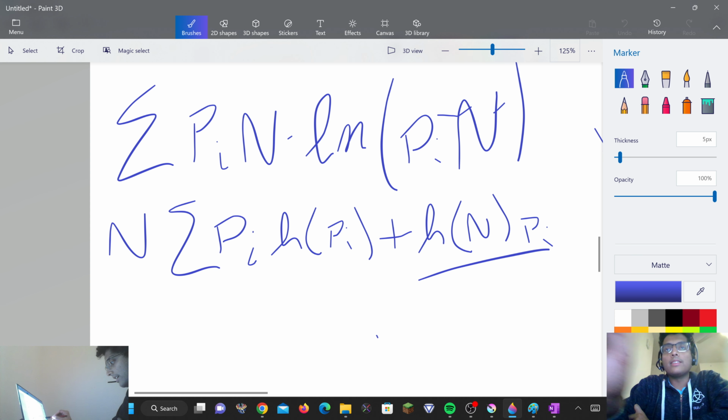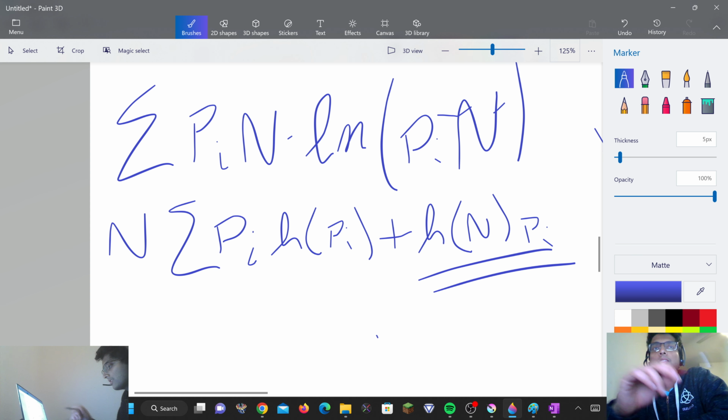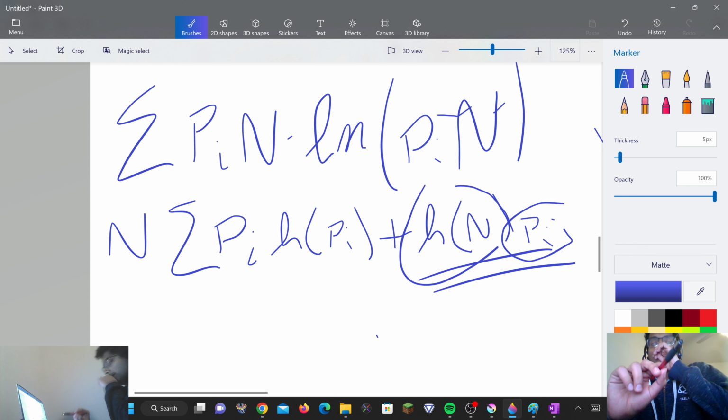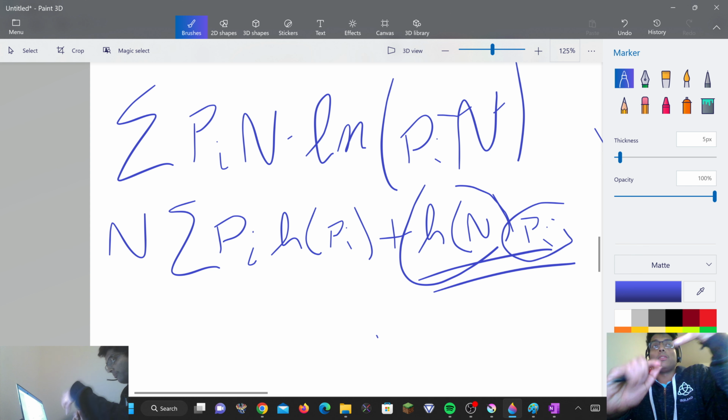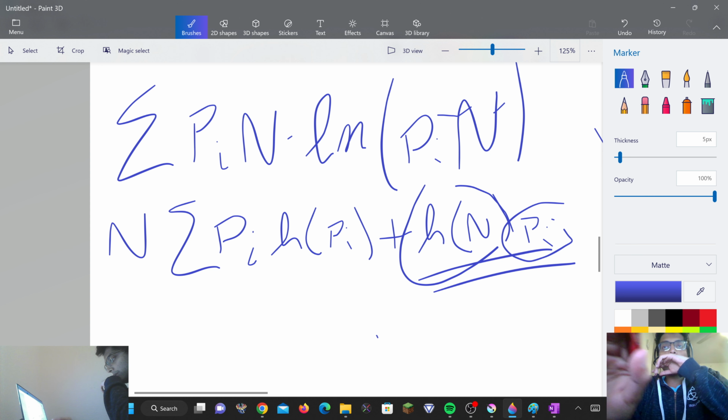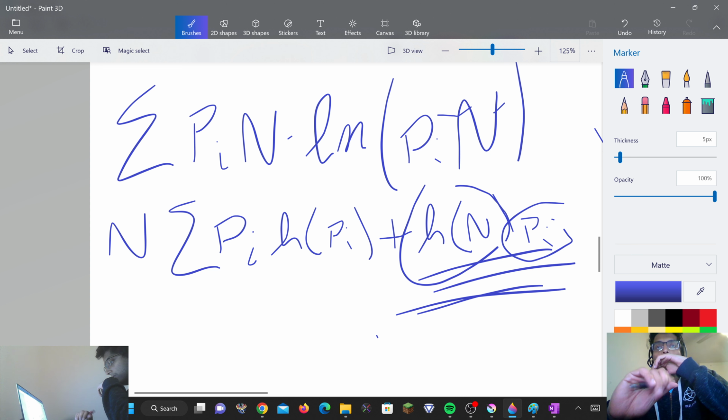Let's analyze this term. The only thing that varies with our summation is the p_i. The summation of the probability over all discrete probability values is going to be 1, right? All probability values need to sum to 1. So essentially this value is constant.